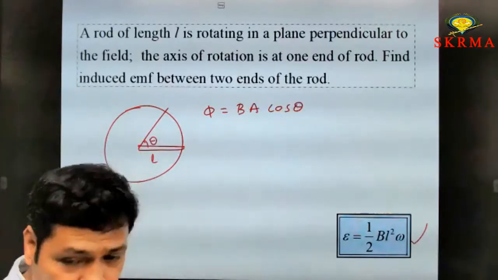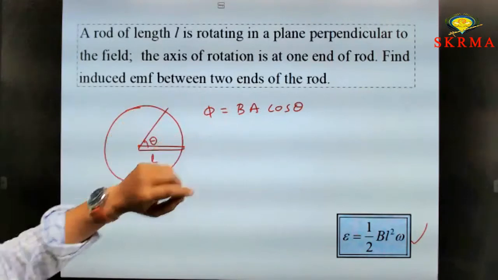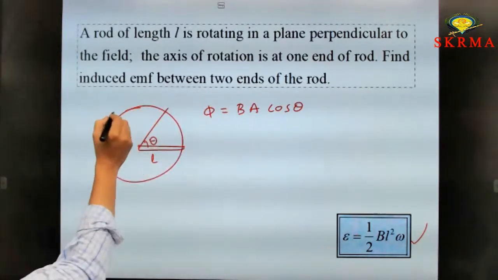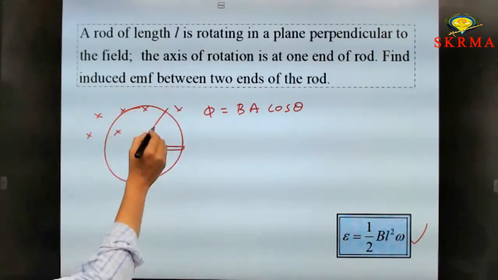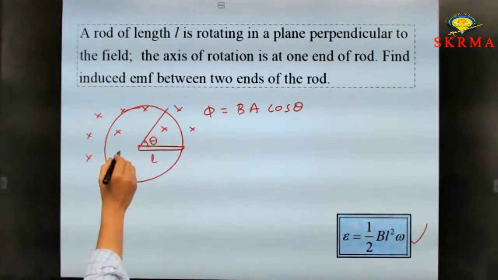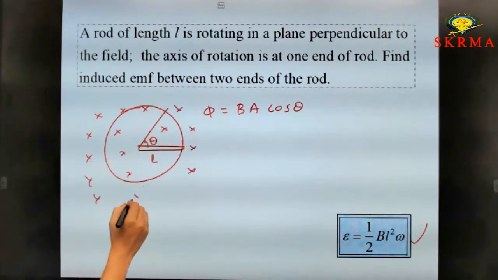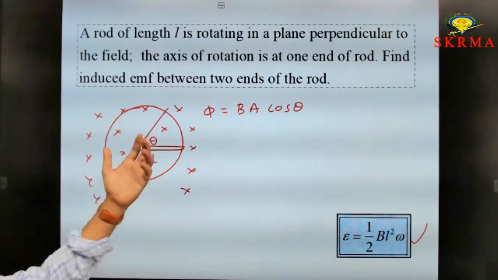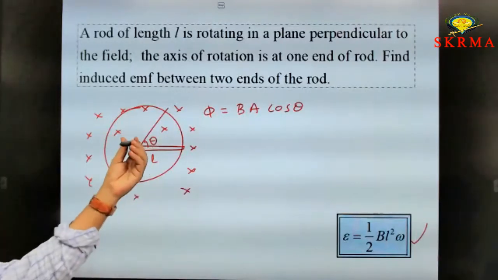Here, we must consider theta also. We remember the coil plane is perpendicular to the field. Here, suppose the magnetic field is into the plane. Then how do you draw the area vector of the loop?